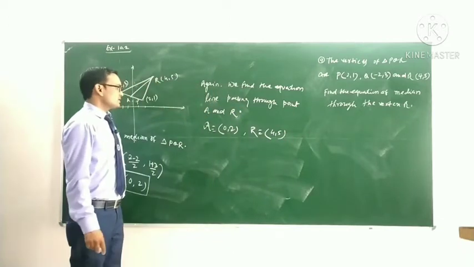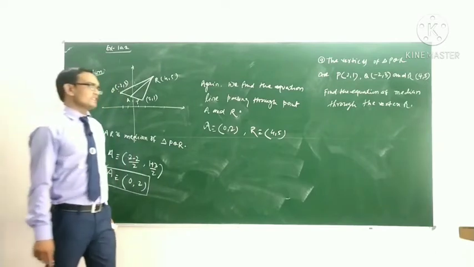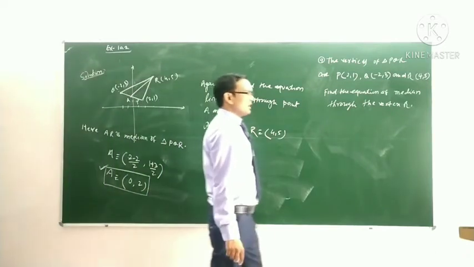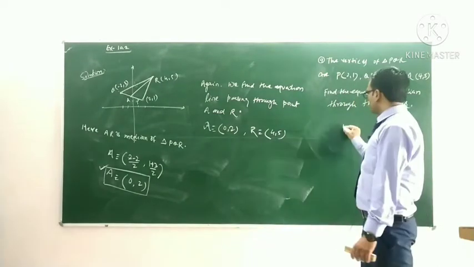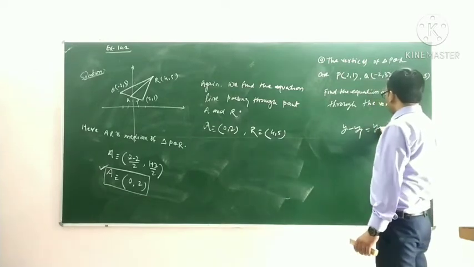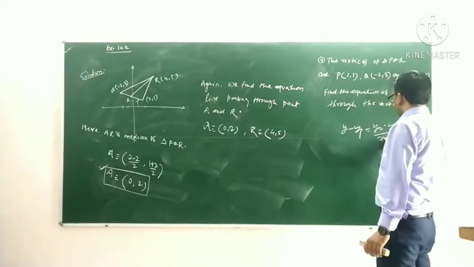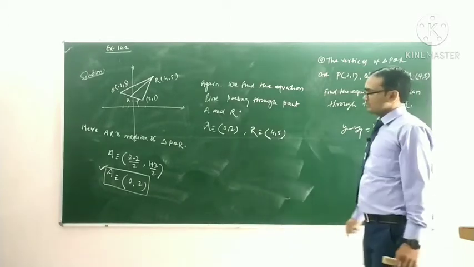Using the formula, the line passing through the 2 points x1 comma y1 and x2 comma y2: y minus y1 is equal to y2 minus y1 upon x2 minus x1 into x minus x1.